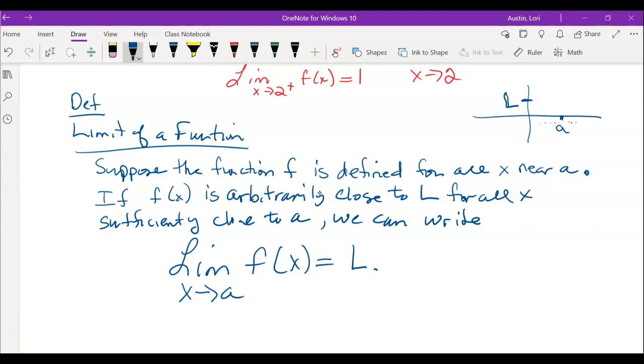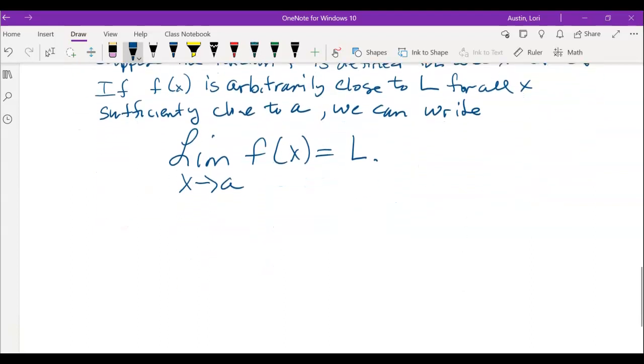There is a more formal definition, which defines how close we get, but we're just going to do it here, and we're going to be fine. It doesn't have to be defined at a. It has to be defined for values right near a, but not necessarily at a.